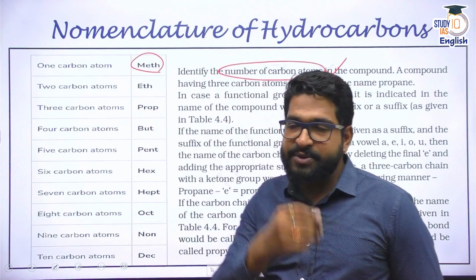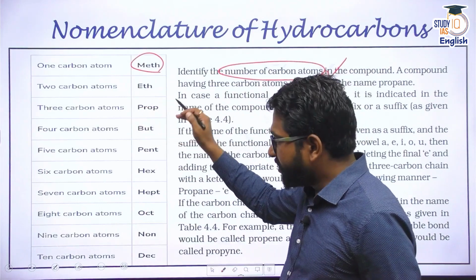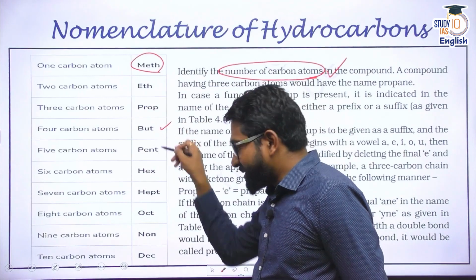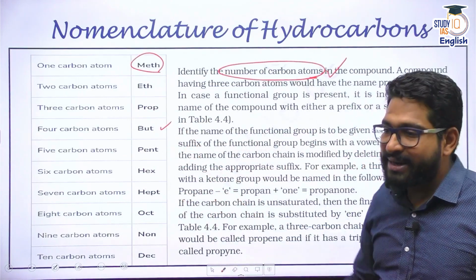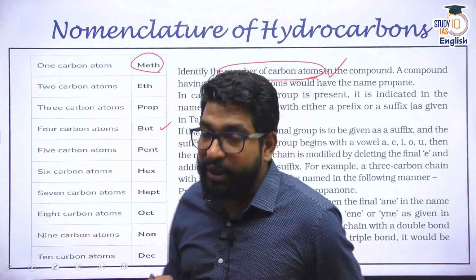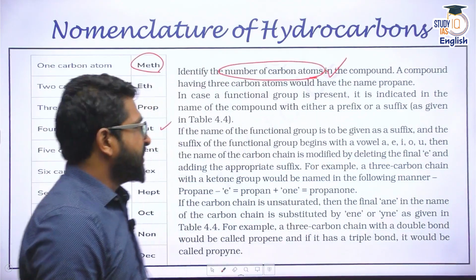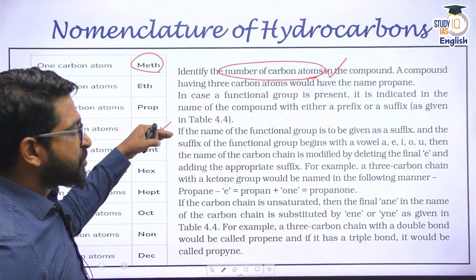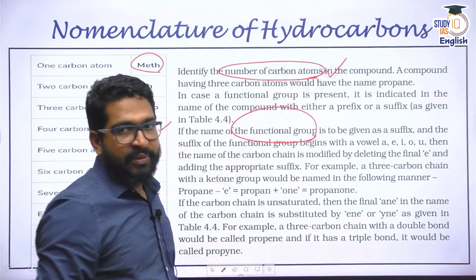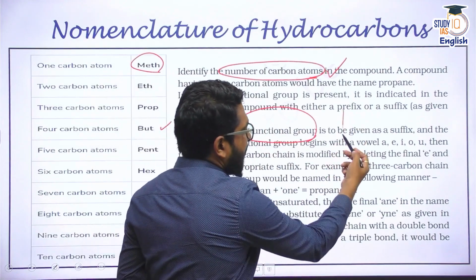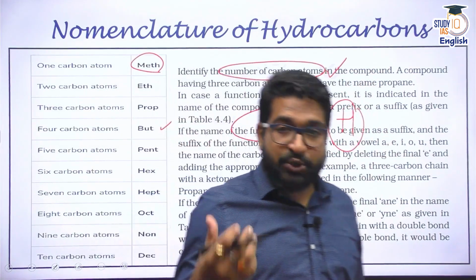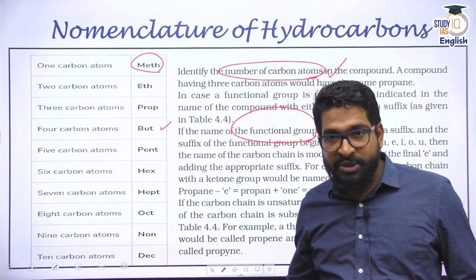If it is 2, eth; 3, prop; 4, but; 5, pent; then hex, hept, oct, non, dec. Then we see what the corresponding conjugate of this carbon is, what the different functional group is. If it is just hydrogen, if it is saturated, then there is a nomenclature procedure.